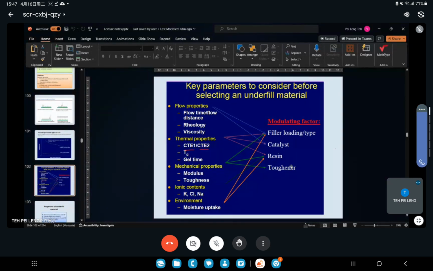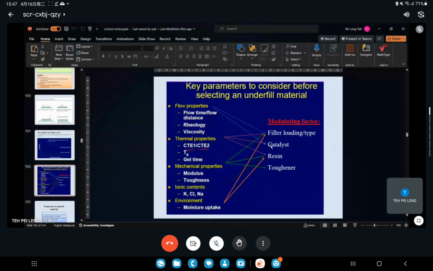Another usage for this slide is to guide you on how to select materials. If you're given, for example, 2 suppliers with many properties, this is the real situation when you become a materials engineer and need to make a decision on what materials to select. So you need to judge supplier A and B.